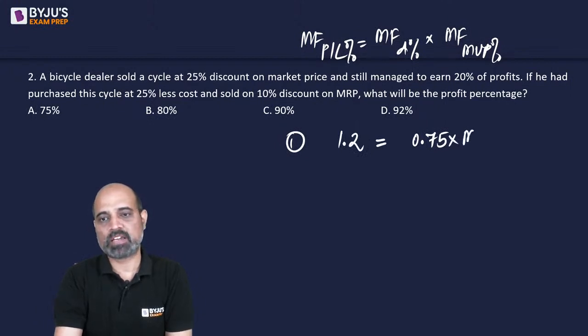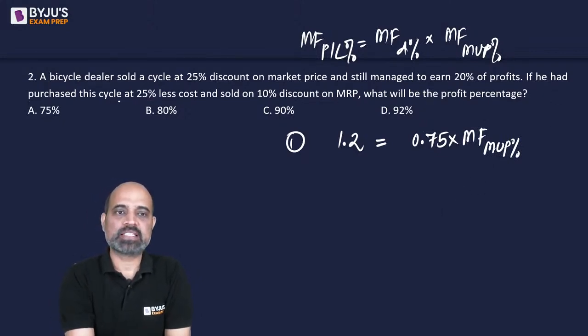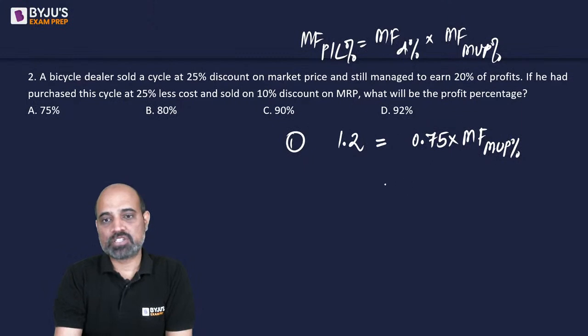What is the markup? मेरे को नहीं पता. Am I going to solve this? No. Next, if you had purchased this cycle at 25% less cost, right? And 10% discount on MRP.